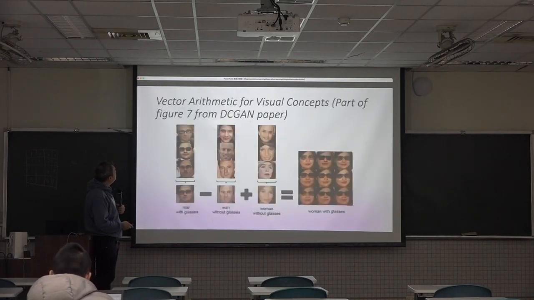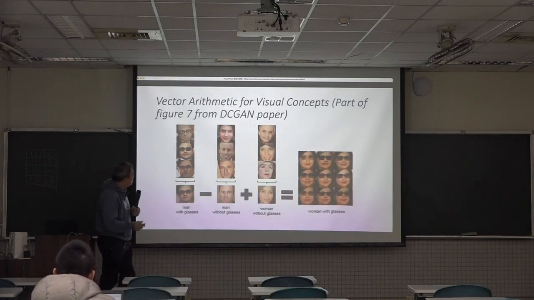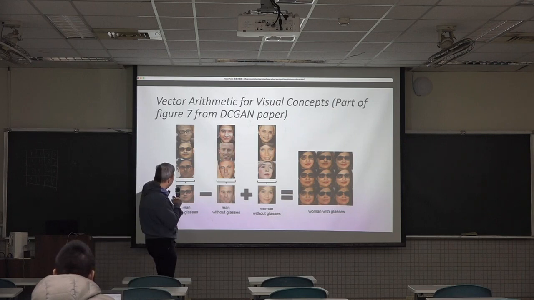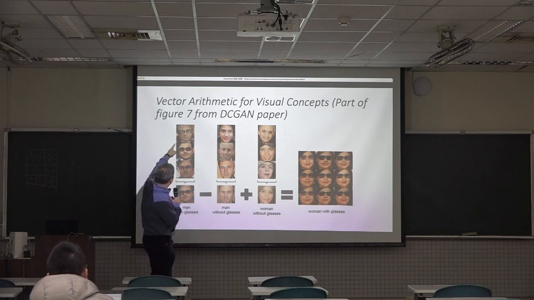we can do vector arithmetics for vision. These are the codings. If you average their codings, because these three are male with glasses, you get a male with glasses.